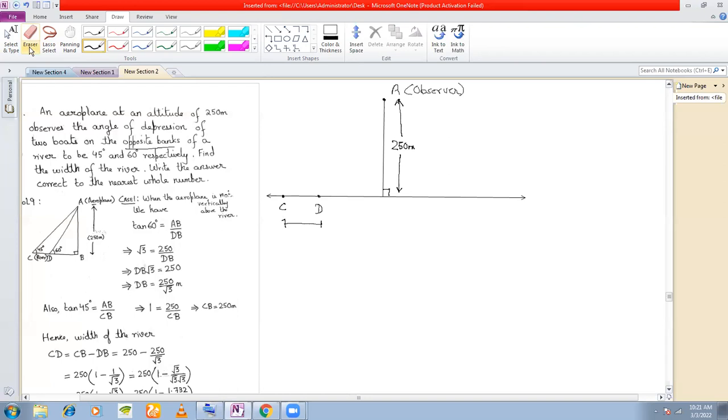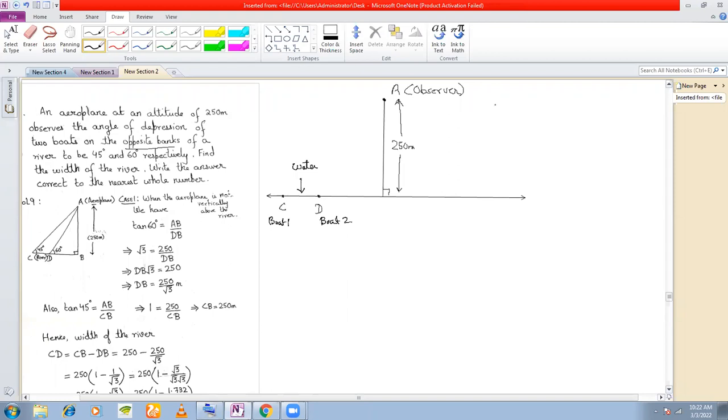And at C and D, you have two boats. At C, you have boat one. And in between here, this is your river water. And on the other bank, you have boat two, right? This is one possibility, where you are not exactly above the river, but you are observing from, suppose you have crossed the river, or you are, let's say, about to cross the river.